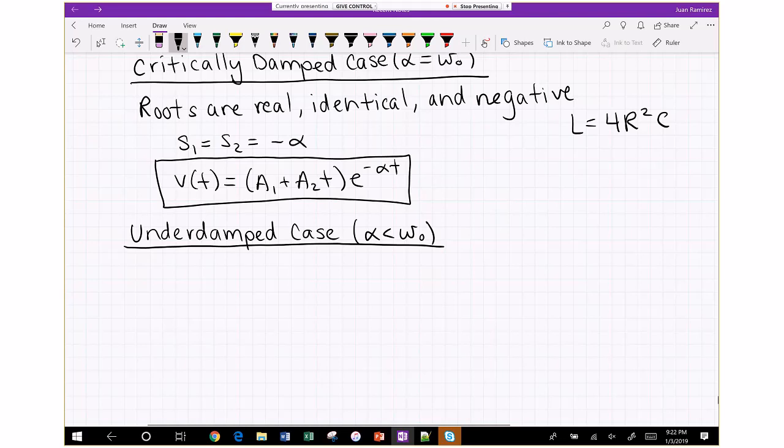Underdamped means we don't have a lot of damping, we have very little resistance slowing that down. That happens when the damping factor is less than the natural frequency. The roots are complex. And also the real parts are negative. In this case, the inductance is less than 4 times R squared times C. Here, again, we look for the damped frequency.